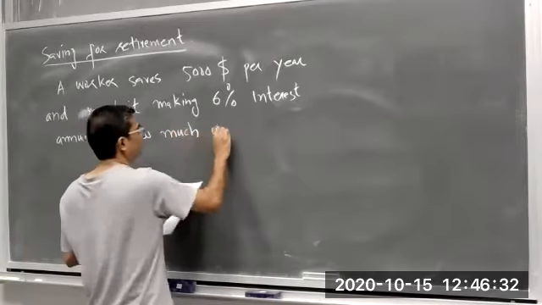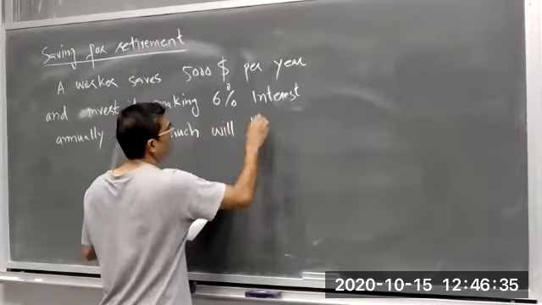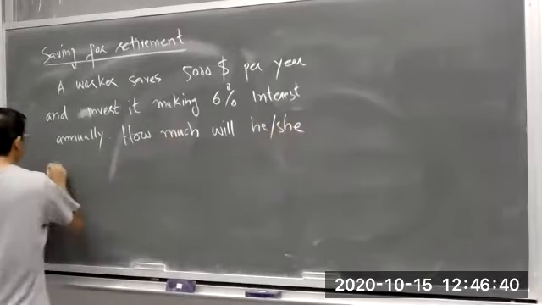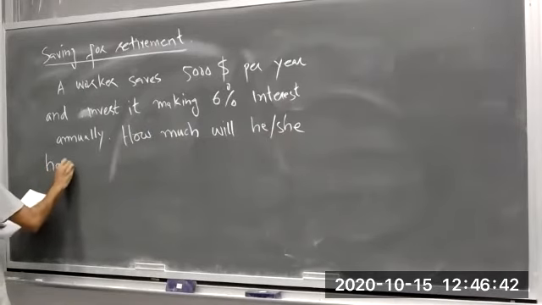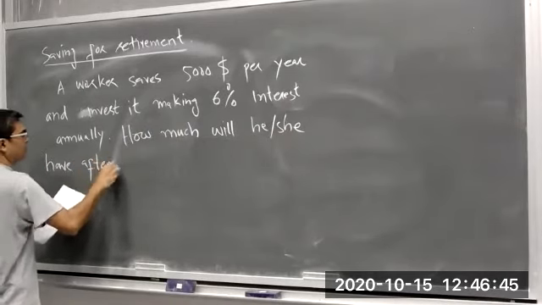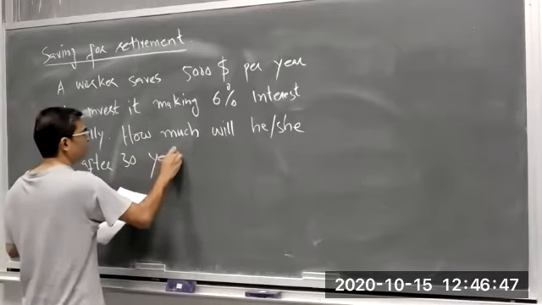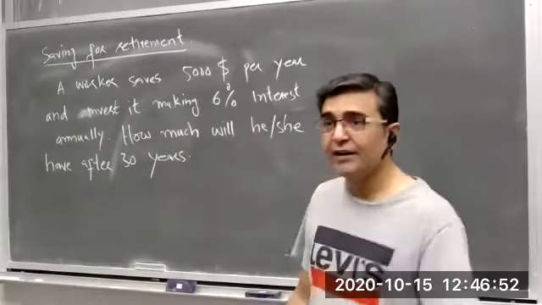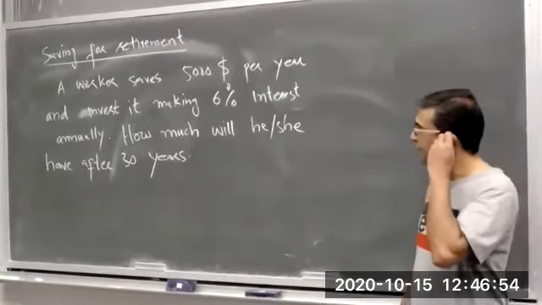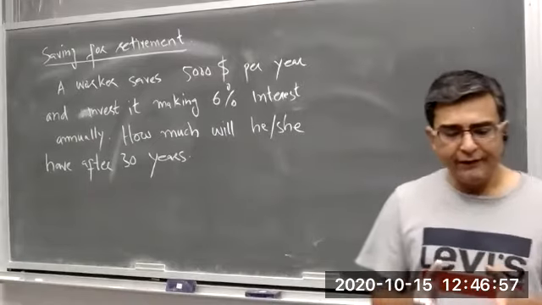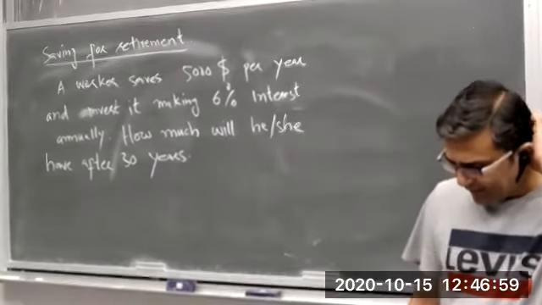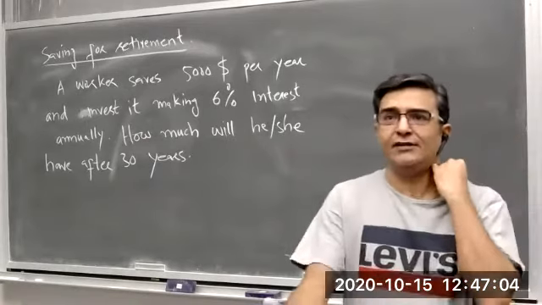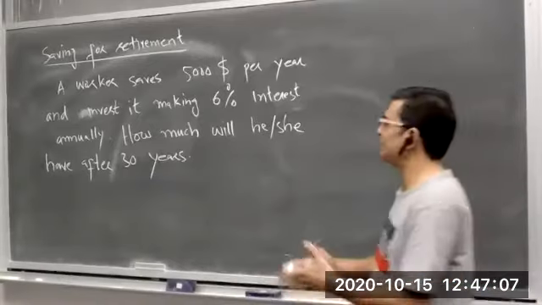How much will he or she have after 30 years? So it's a problem of continuous interest, because if he saves 5,000 in the first year, after the first year, because initially he has nothing.